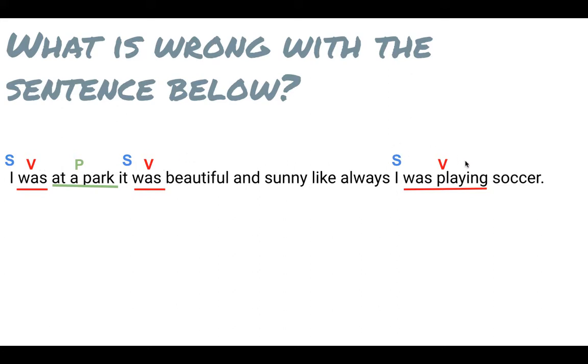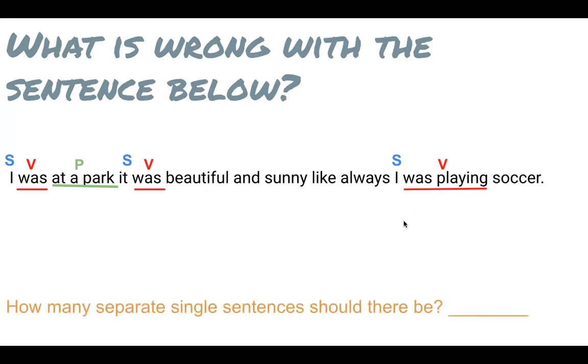And we know that that is not the same as SSVV, or when there's a group of subjects together and a group of verbs together. Here you can see we have these separate subject-verb pairs. So how many separate single sentences should there be? Well, we're going to split this up based on our knowledge of simple sentences. So we know that SV is a formula.